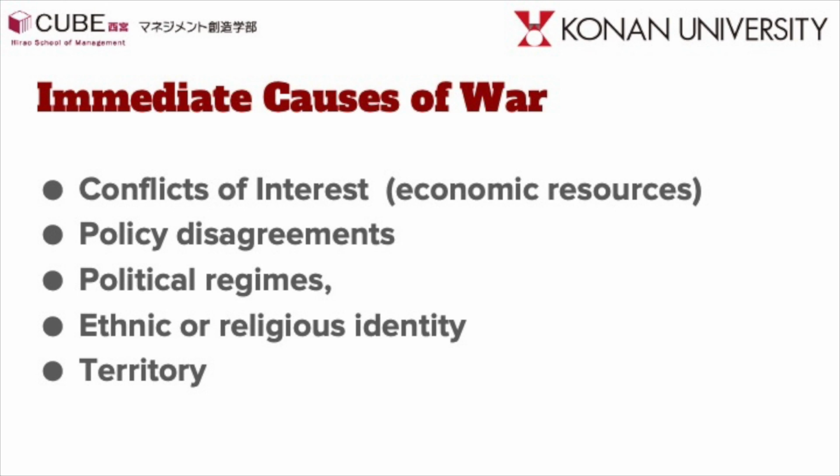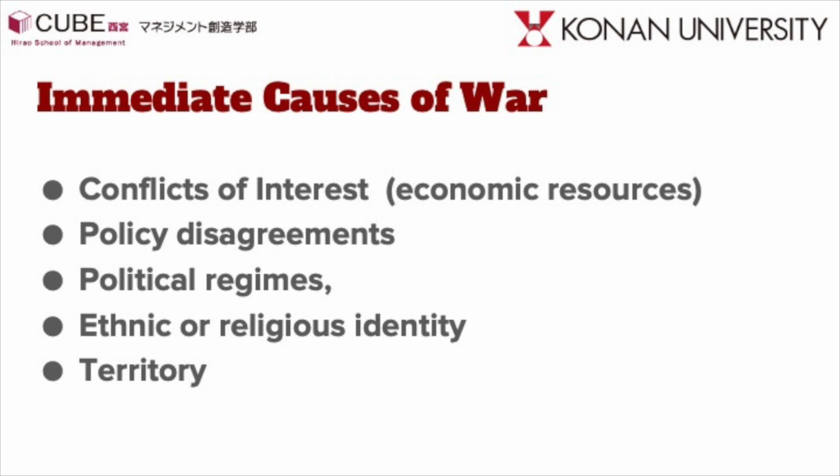And political regimes. So wars can erupt over conflicts about national governance styles or ideologies, with parties believing the political systems of others pose existential threats, so threaten the existence of the country.